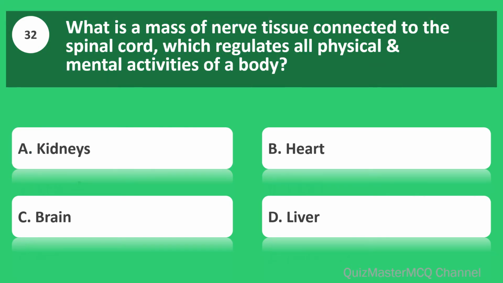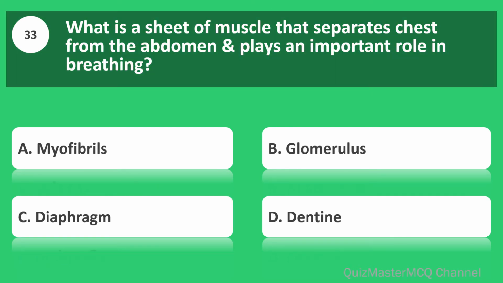What is a mass of nerve tissue connected to the spinal cord, which regulates all physical and mental activities of a body? Brain. What is a sheet of muscle that separates chest from the abdomen and plays an important role in breathing? Diaphragm.